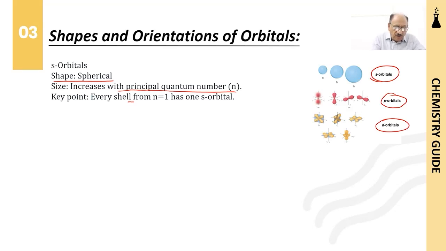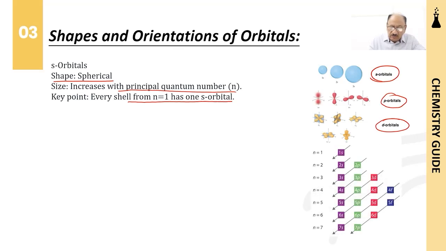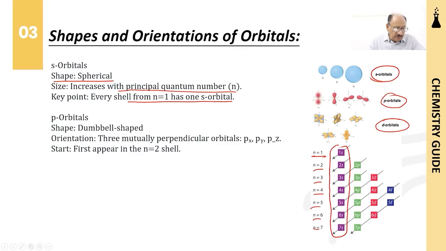Every shell from n equals 1 has one subshell, which is s. So we can see from here n is 1, 2, 3, 4, and all have s subshells. All have s.